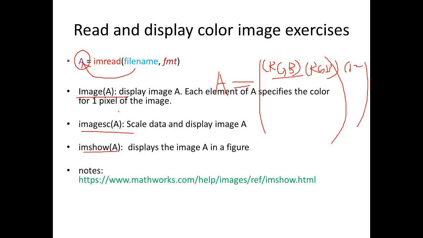That's for each one has three values for A. Also RGB for the second row, first column pixel. That's this kind of vector. In fact, it's composed of some vectors. So A is a color image. Each pixel composed of three components.